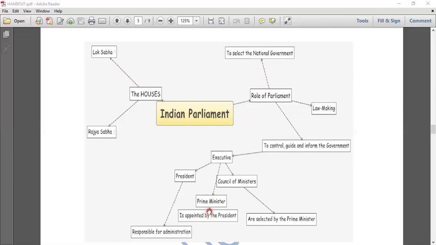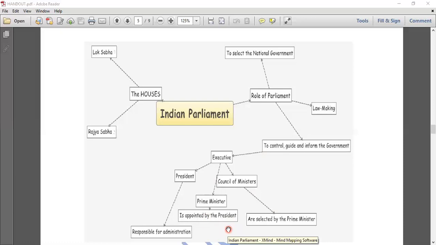That is our prime minister, Narendra Modi ji. Clear with how the prime minister is formulated, right? And when his appointment is signed, it is done by the president. So the president, as we call him a nominal head, signs the appointment letter for the prime minister.